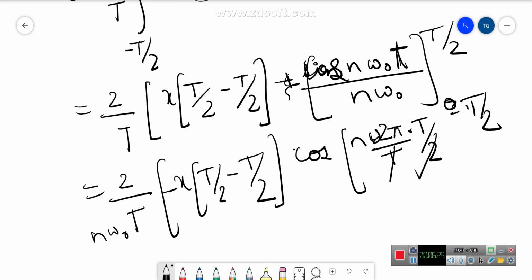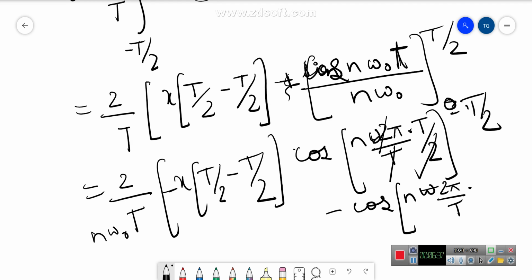So we have minus cos of n omega naught T by 2, and for the lower limit, the minus inside the cos term changes to plus, because cos is an even function, so it won't change the sign outside.